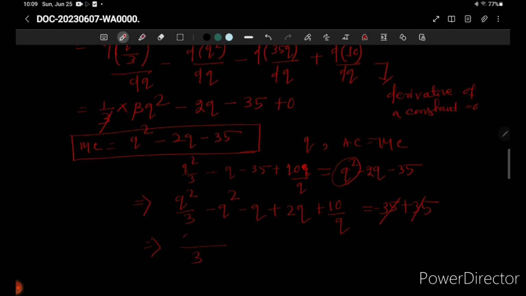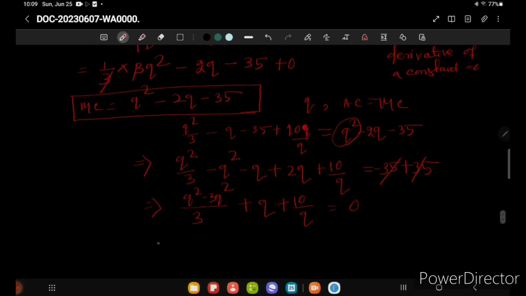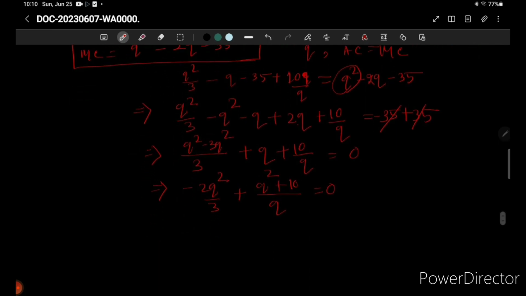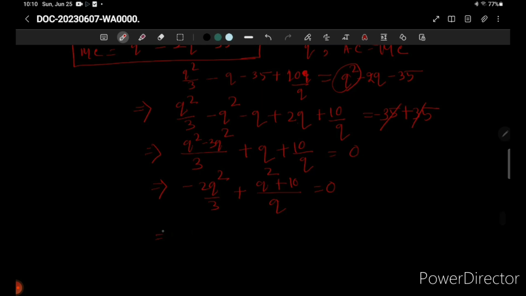So with the common denominator 3, Q square minus 3Q square, 2Q minus Q, that means Q, plus 10 divided by Q equals 0. So again minus 2Q square divided by 3 plus Q plus 10 by Q equals 0. Okay. So again multiplying by 3Q.